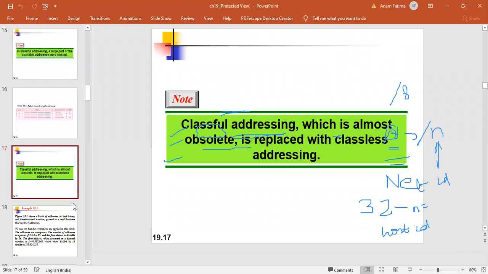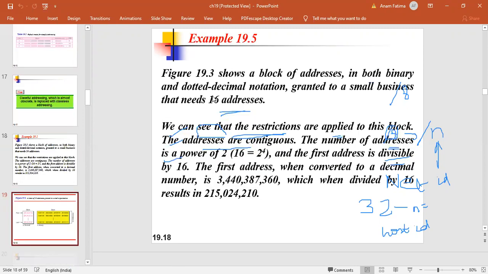And the block size we can decide ourselves. The size of the block is based on how many hosts you want to keep within it. So to get over this wastage of addresses which was happening in classful addressing, we started moving towards classless addressing.